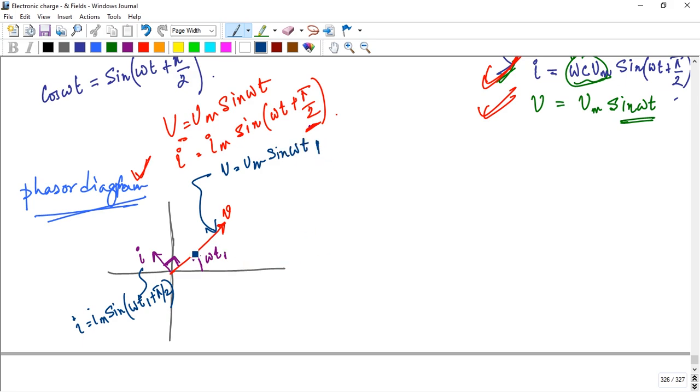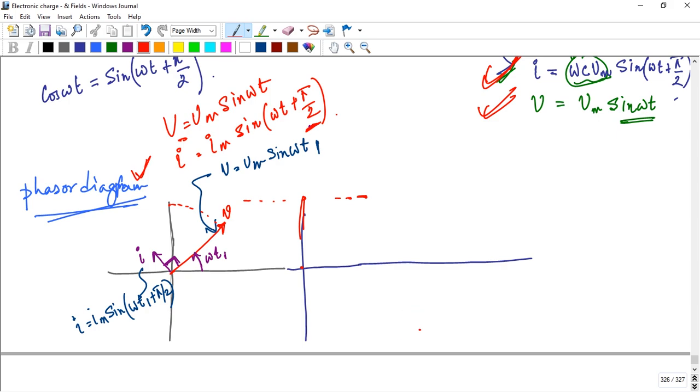Now these extend here in that direction. So here the voltage phasor rotates, and there is a maximum. These are the maximum points, from the origin.